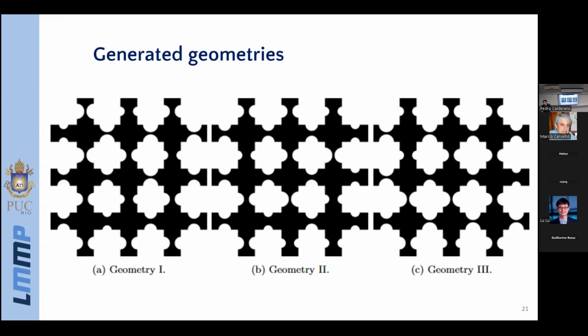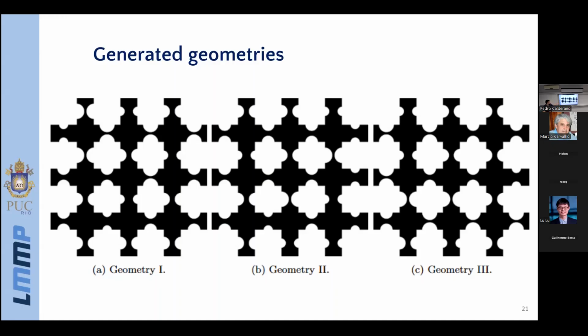So for a given Euclidean coordinate, I should output the velocity fields, the pressure field, and the saturation field for this coordinate. For each geometry, I have a separate network to predict those fields.